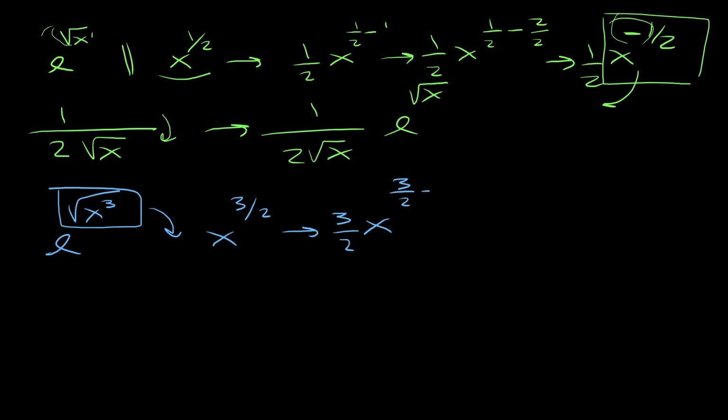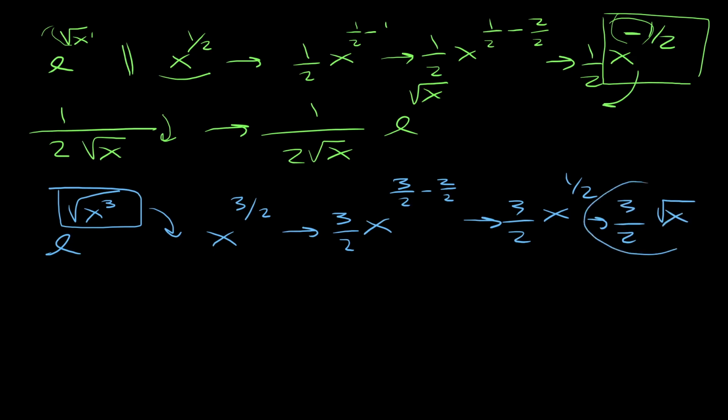So 3/2, then x to the 1/2, and we know that x to the 1/2 is the square root of x. So our final answer is all this term in front: 3 divided by 2 times the square root of x, and then the rest we leave as is.